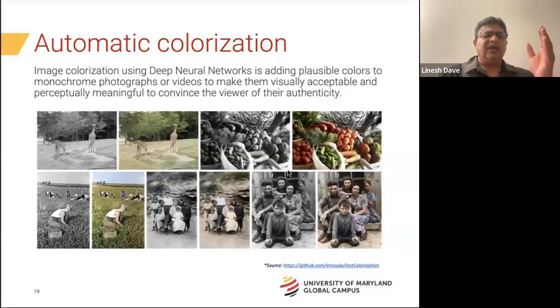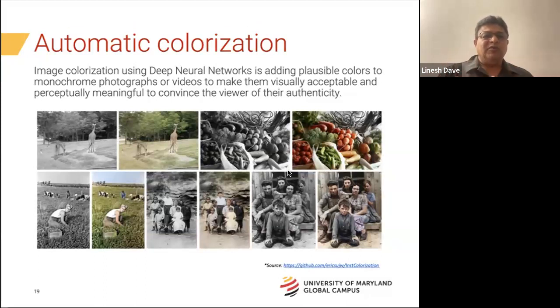And the colored picture looks so realistic that, yes, maybe it would have looked exactly the same. The shade of the colors is not just a matter of seeing that it's ground, so let's throw in some brown, or there's some grass, so throw in green, or there are some vegetables that look like tomatoes, so put in red. It does it in a way that makes it look so real.